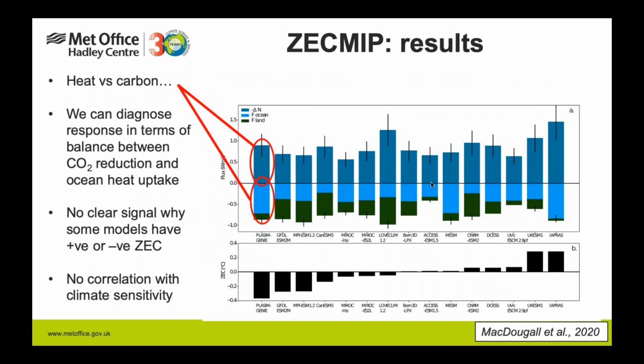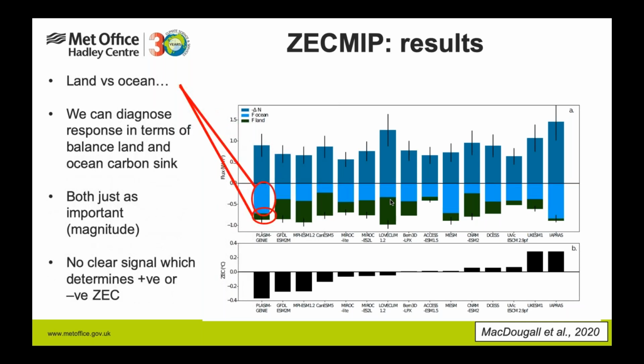And Andrew's paper digs into it a little bit. So the models here are shown from left to right in order of their zero emission commitment. The black bars down here show the strong negative ones on the left and the positive ones on the right. And we can break down the terms into their continued ocean uptake of heat versus their carbon sink. And there's no systematic pattern of whether the heat and carbon uptake is weak or strong.